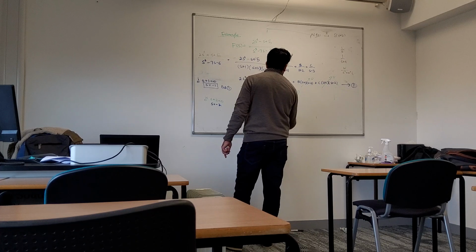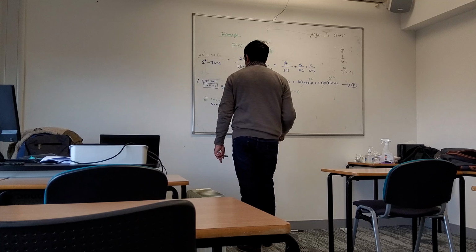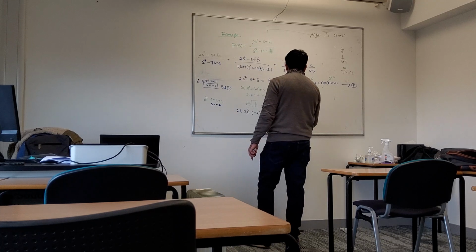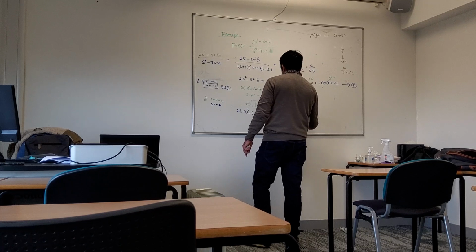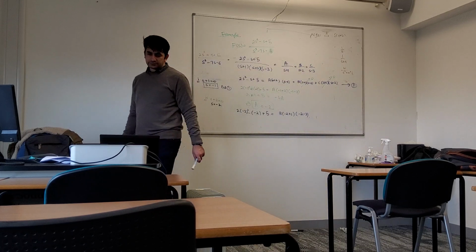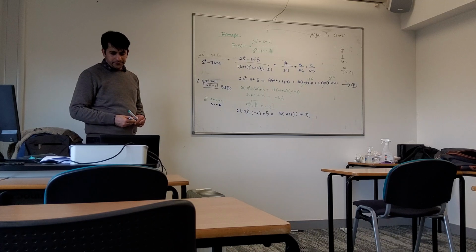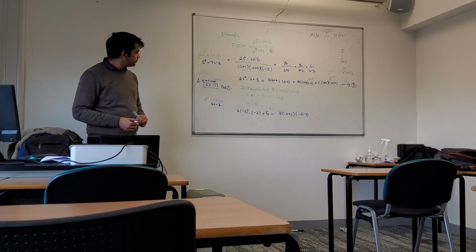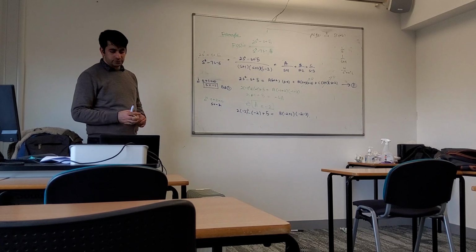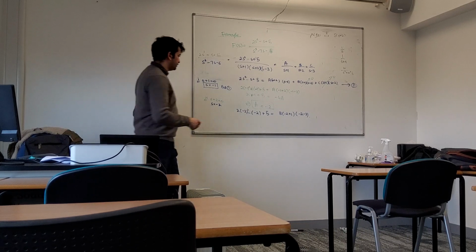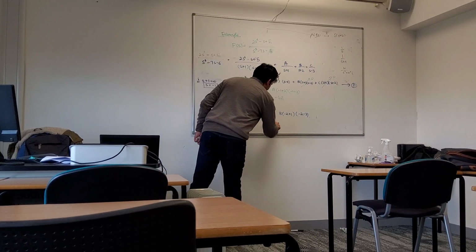Now we have the b term active, so it would be b into -2 plus 1, -2 minus 3. So the value of b you will get as 3.